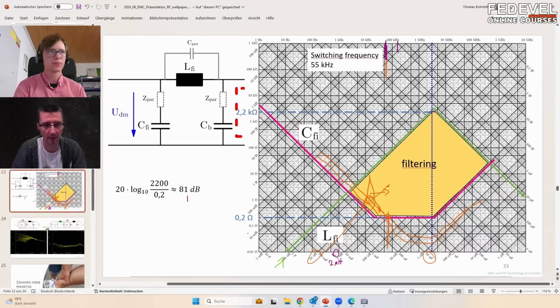Okay, so it means you can use 10 microfarad or 20 microfarad. That would be sufficient here. And this can be, let's say, a ceramic capacitor, maybe also as an SMD component, and then you have a cheap solution.